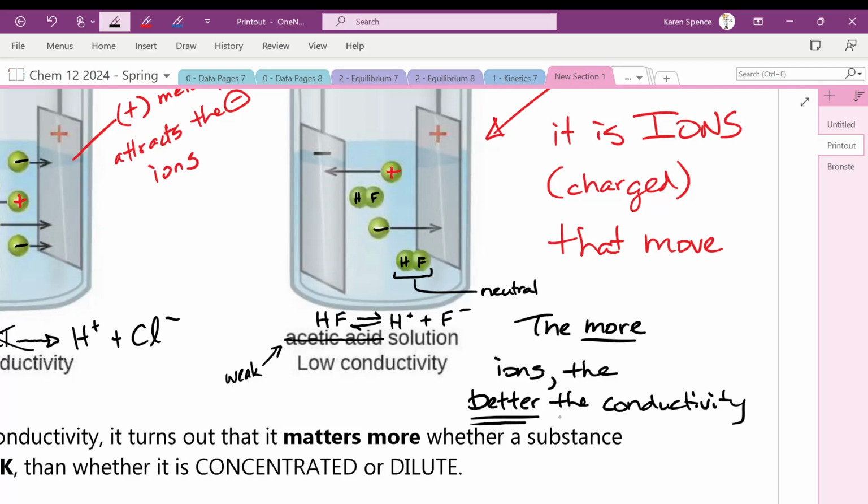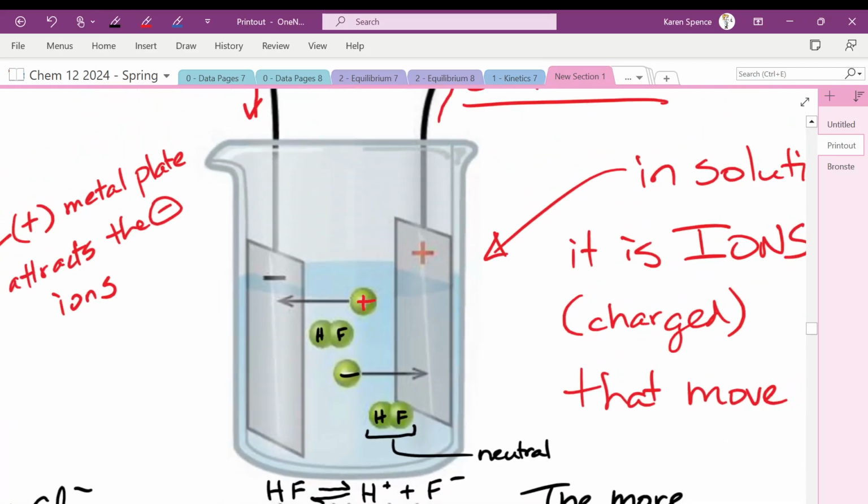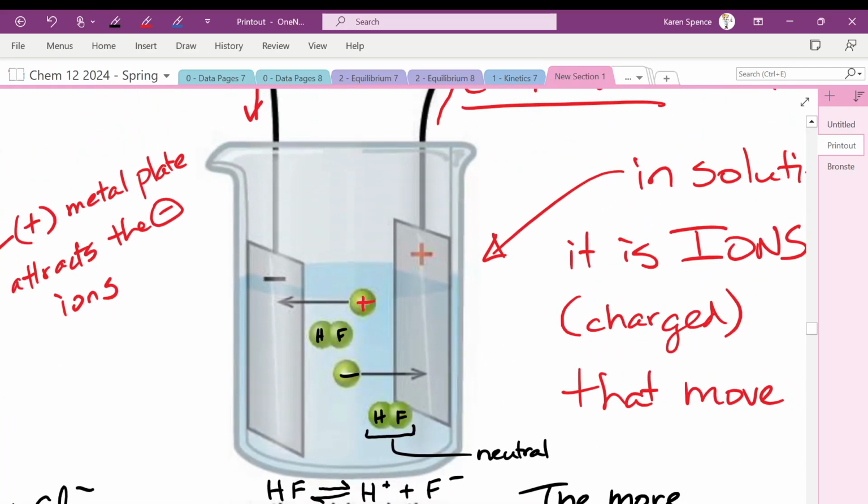Now, let's say I give you a weak acid. Is it going to conduct well or is it going to conduct poorly? It's going to conduct poorly. So your weak acid is a poor conductor.